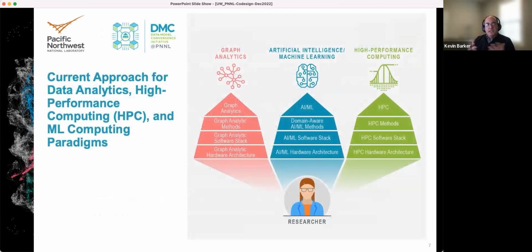So, how are things done now, and what is the problem with how things are done now? What does DMC hope to be able to perhaps address or potentially correct? Well, we have AI, ML, we have HPC, we have graph analytics and data analytics, but they exist in kind of independent silos, discrete computational paradigms, you might say. And that extends from the programming languages that we might use, to the programming models, to the system software, the libraries and tools, in some cases even the computer architectures that are used.